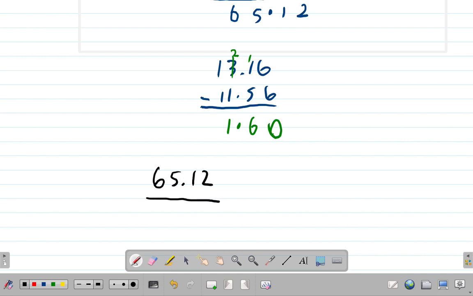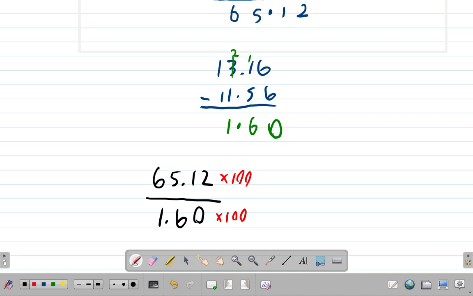65.12 divided by 1.60. Now, what is this equal to? Let's turn everything into whole numbers. What we're going to do is multiply the numerator by 100 and multiply the denominator by 100.